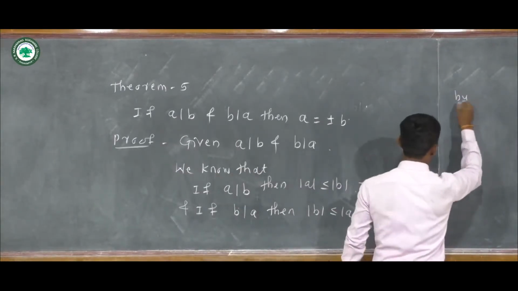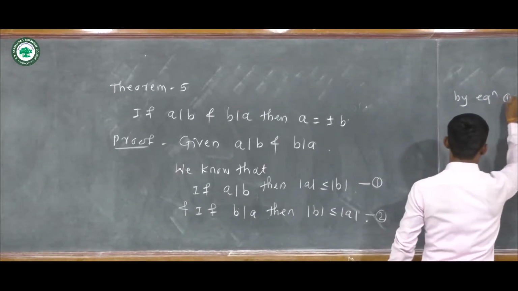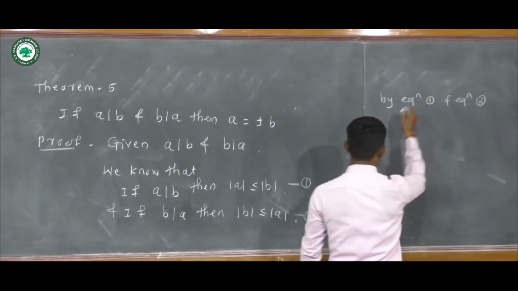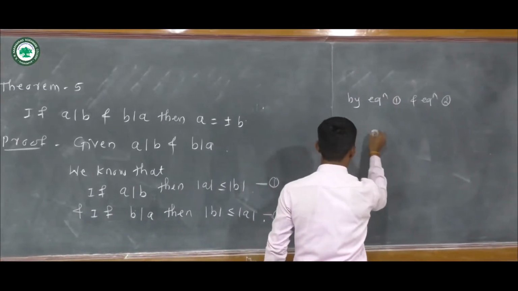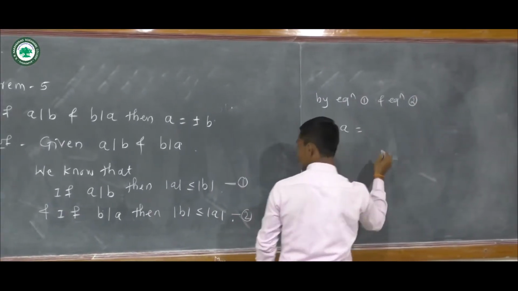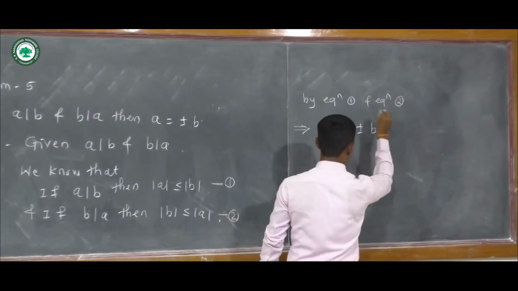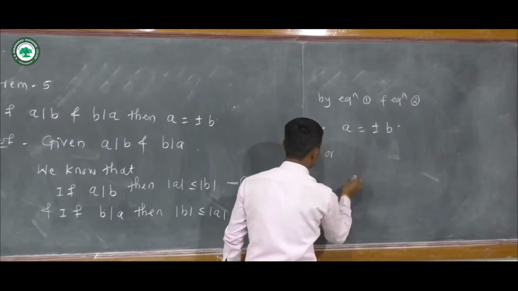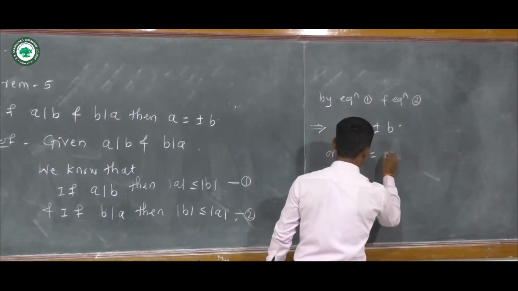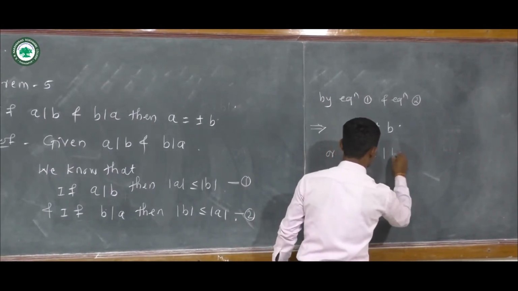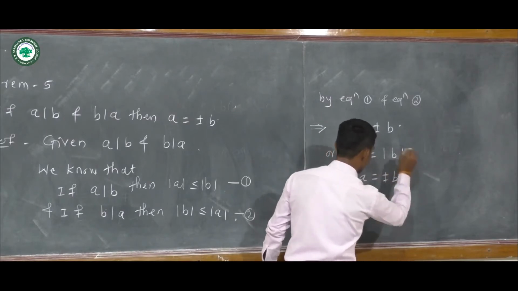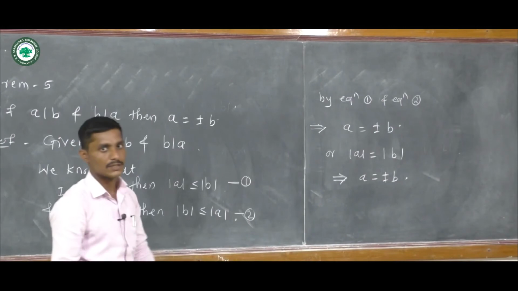By equation first and equation second, the absolute value of a is equal to the absolute value of b, which implies a is equal to plus or minus b, hence the proof.